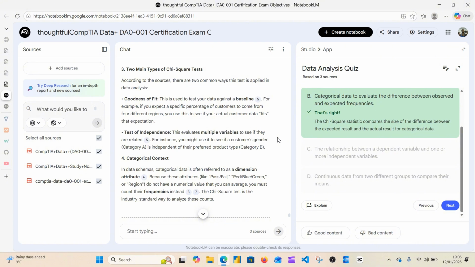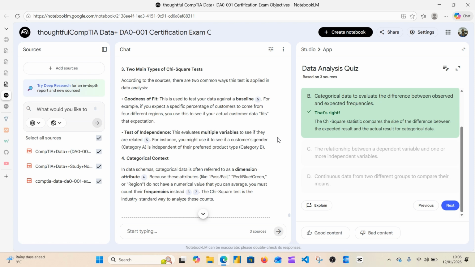Categorical context. In data schemas, categorical data is often referred to as dimension attributes, because these attributes like pass, fail, red, blue, green, or region do not have a numerical value that you can average.